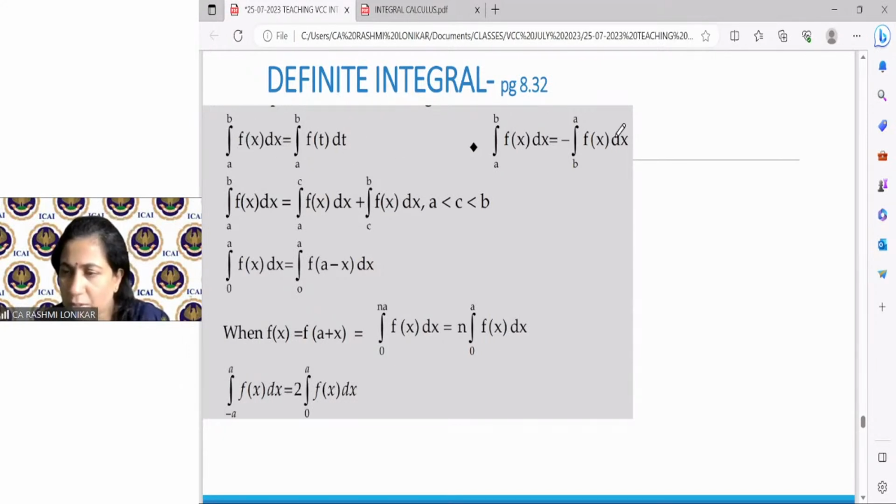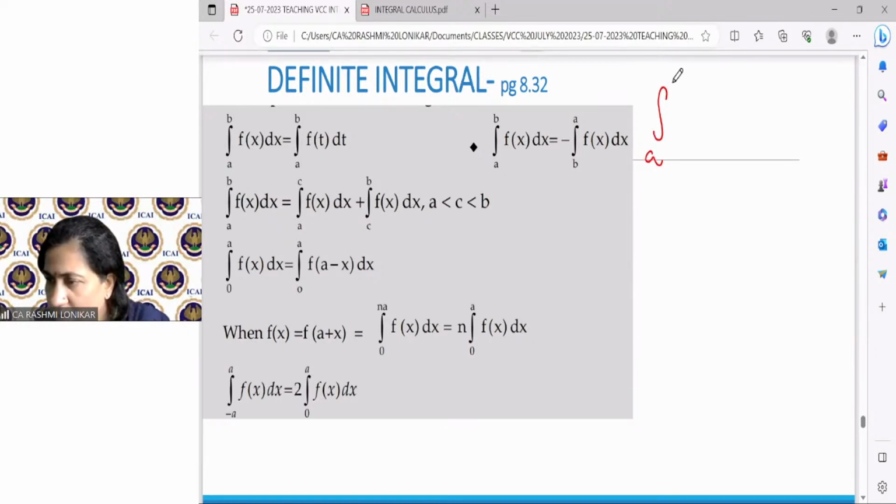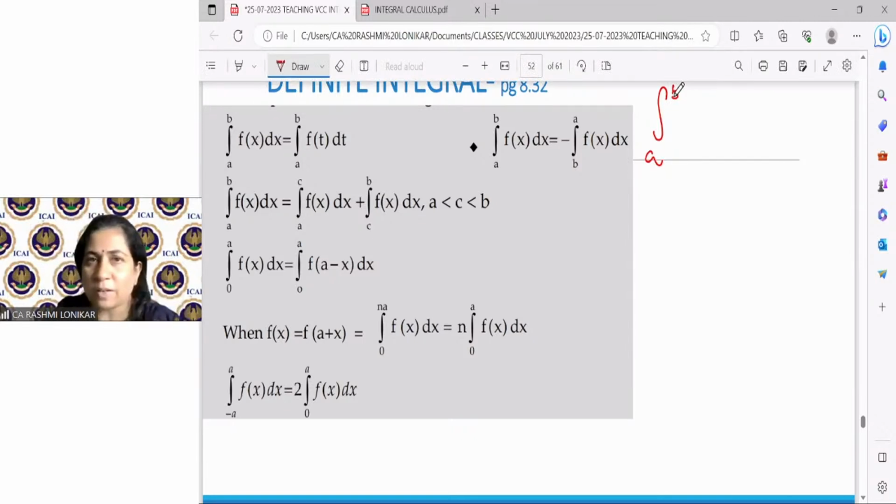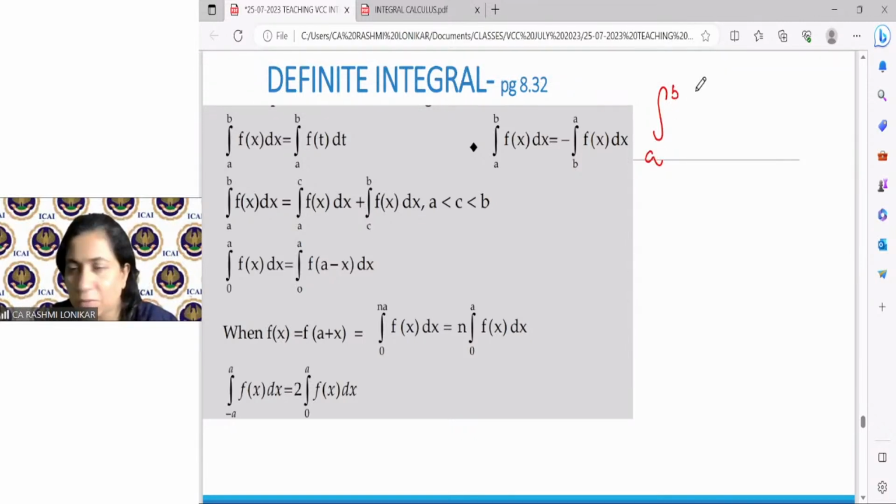These are some of the properties. If I have an integral going from a to b, definite means what? The top value and the bottom value. a is the bottom value, b is the top value that x can take.